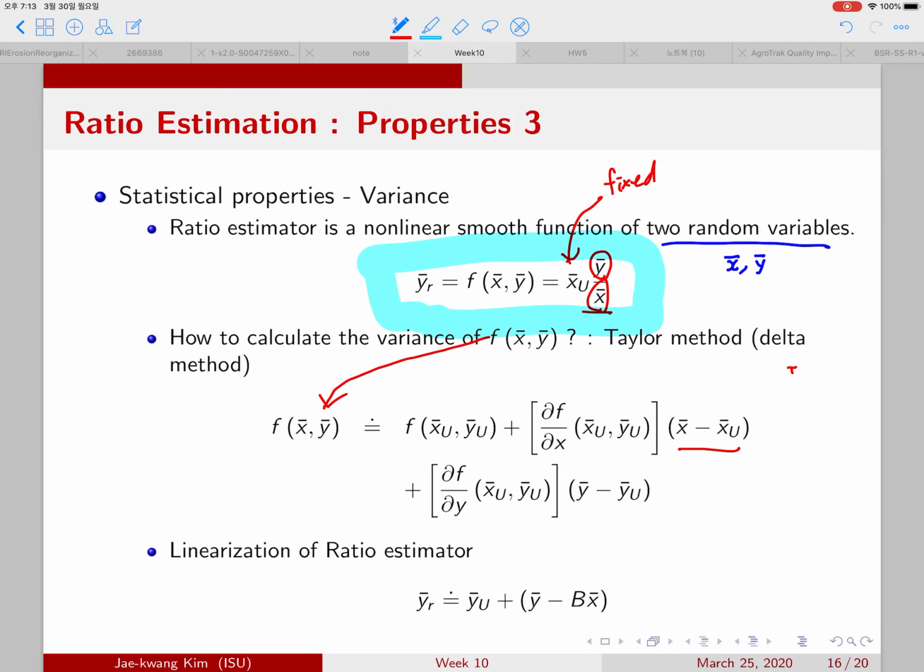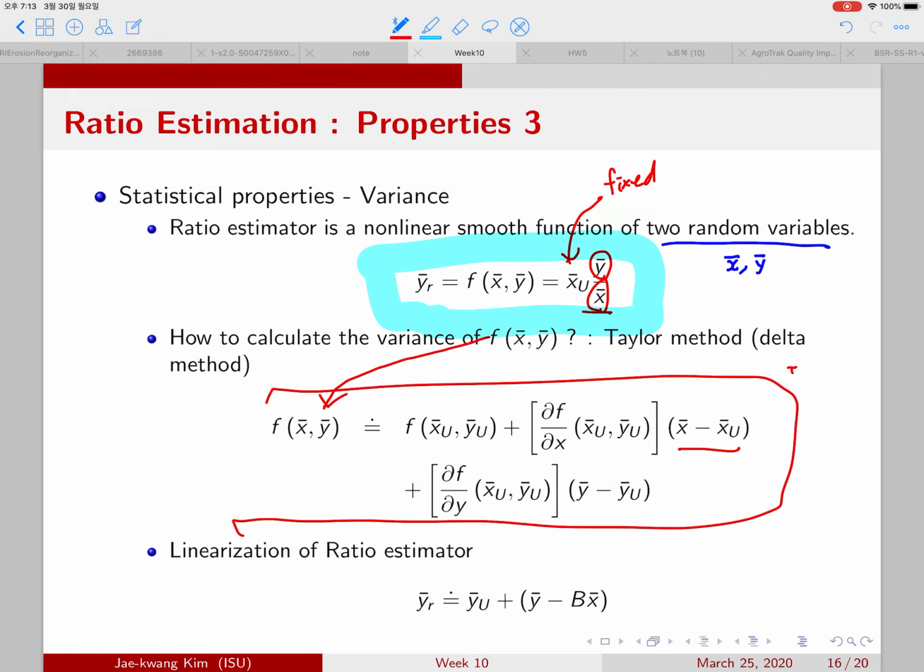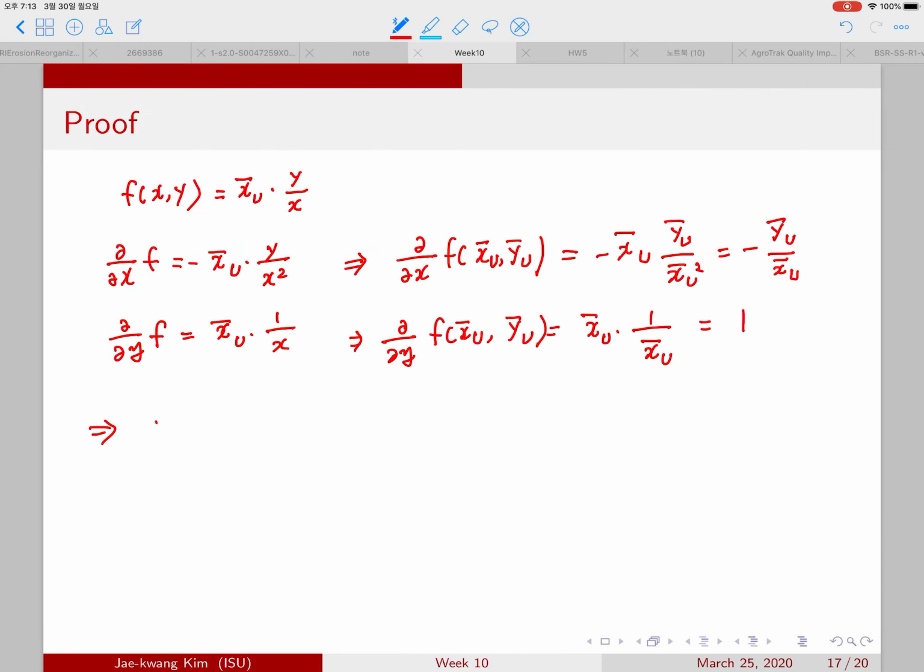Therefore, the linearization here can be written as, for x bar, y bar, f at x bar u, y bar u, plus this first term, right?